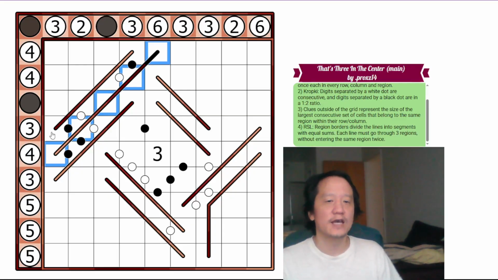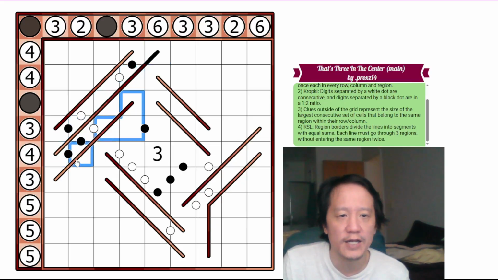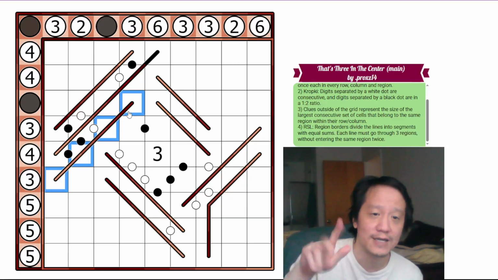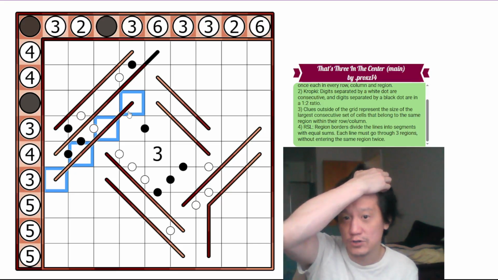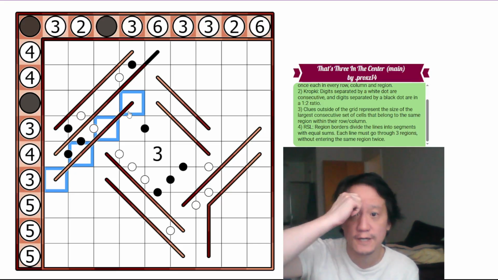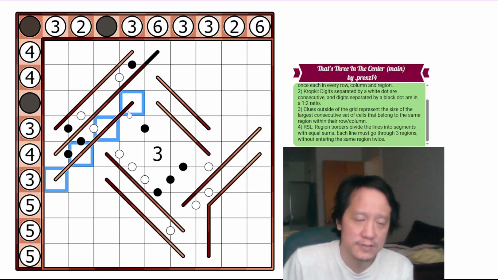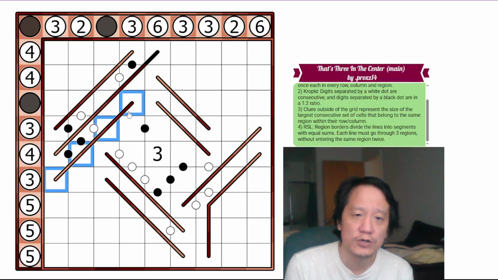So that means every line in this grid is a region sum line, and they go through exactly 3 regions. You cannot have more than 3 because it says must go through 3 regions, and you cannot enter the same region twice. That's interesting. And those are all the rules.